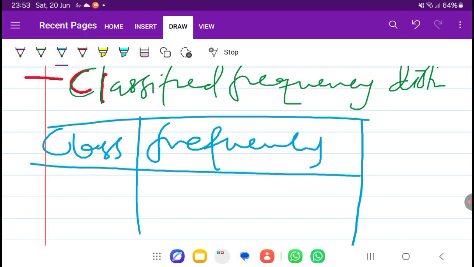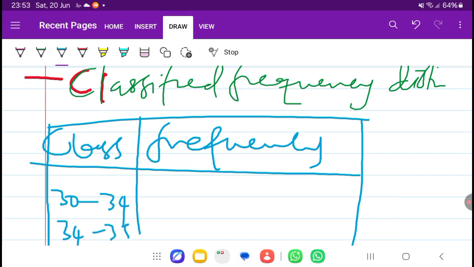Then we just have a class maybe from 30 to 34, then 34 to 35, or 34 to 40. Then we put frequencies, maybe 2 or 3, and we proceed.